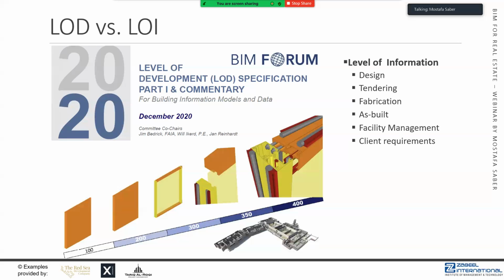But you can create a set of shared parameters where you add your own organization-specific information and parameters that you can fill, or ask consultants and contractors to fill for you.